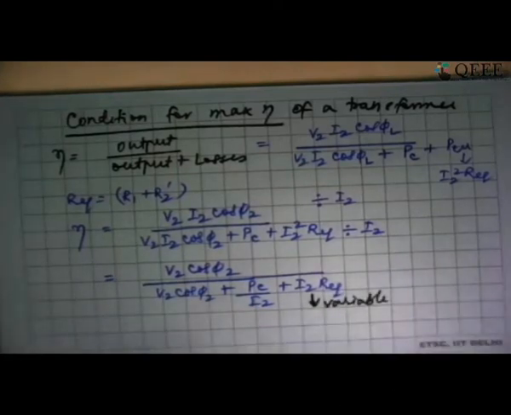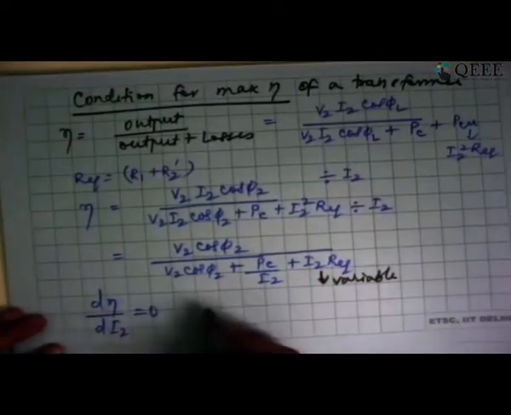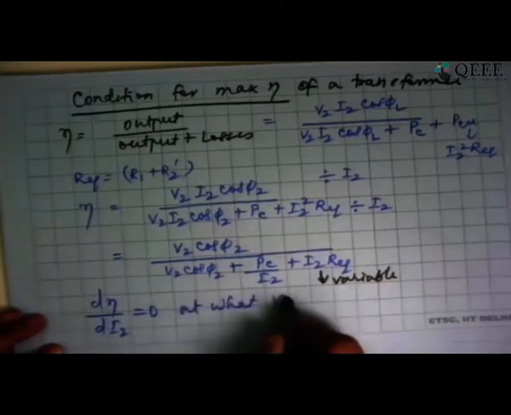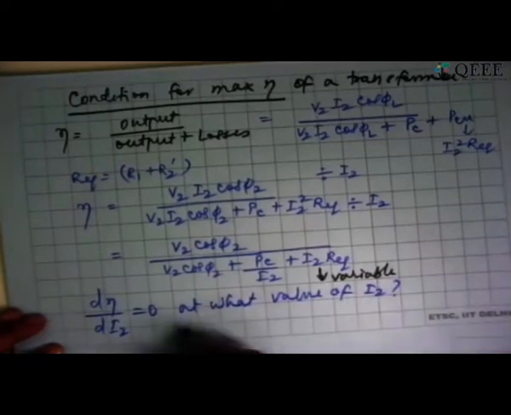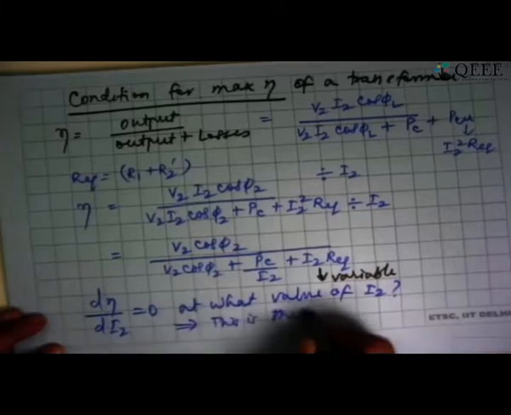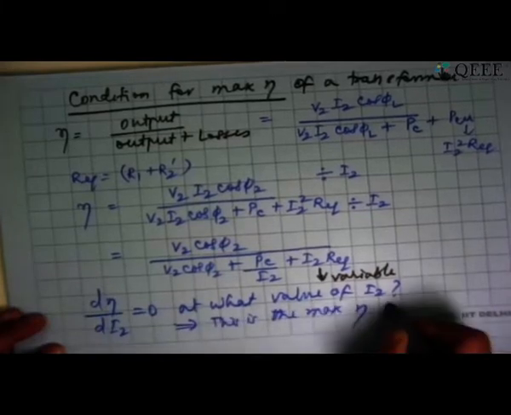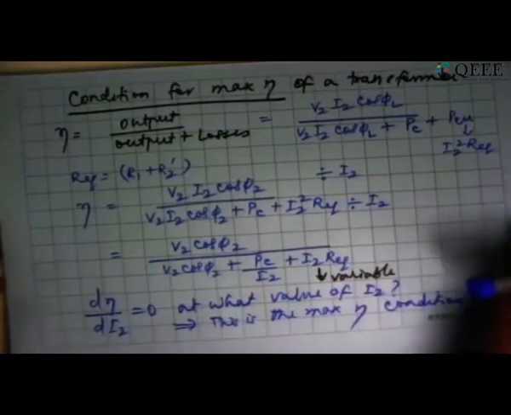So I am going to say d eta divided by dI2 equal to 0 at what value of I2. This is the condition for maximum efficiency.